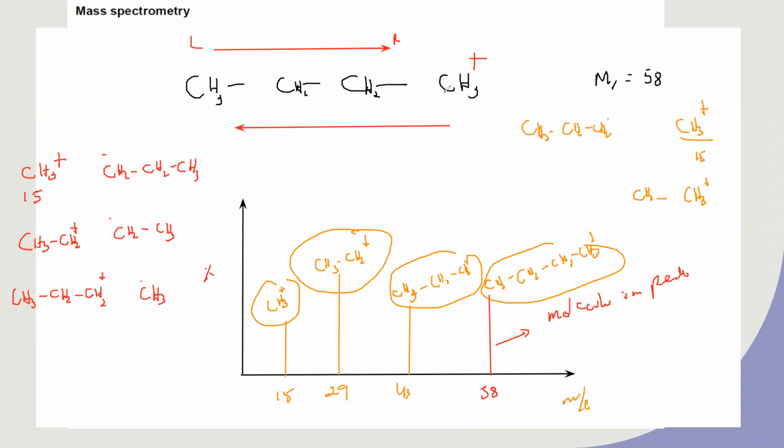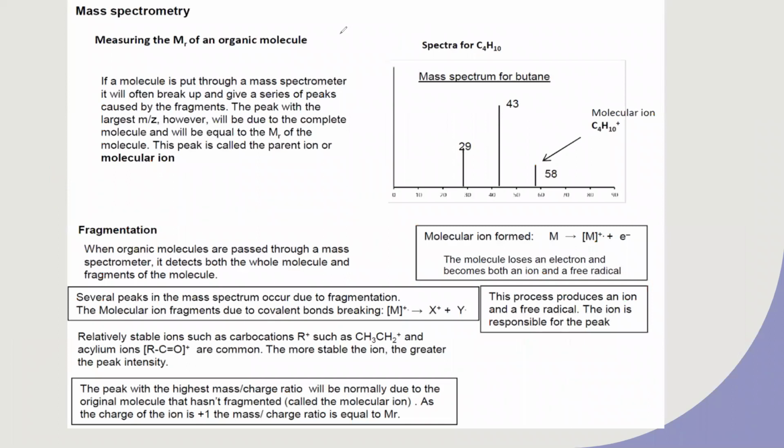In the same way, for example, if you have two molecules which have the same molecular formula but different structures, how can you distinguish them? What will be the difference in the fragments? For example, you have propanal and propanone.